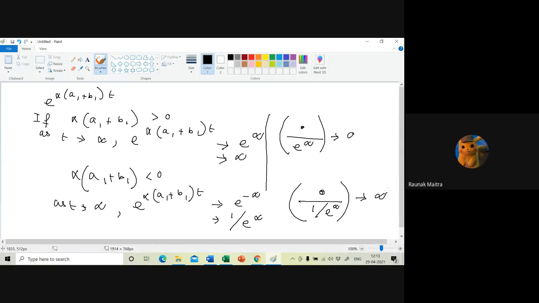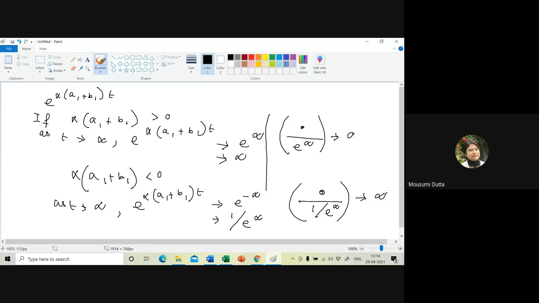So in that case, the second part is moving towards infinity rather than moving towards 0 as t tends to infinity. So that will be absolutely a divergent time path.